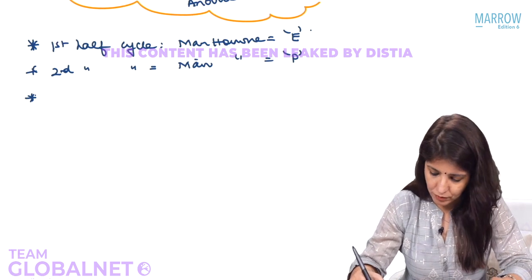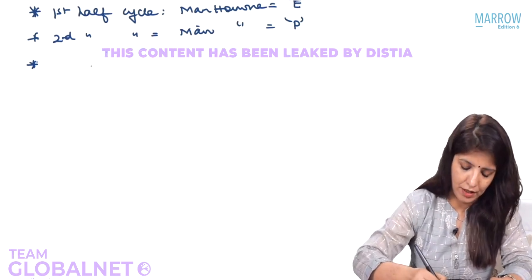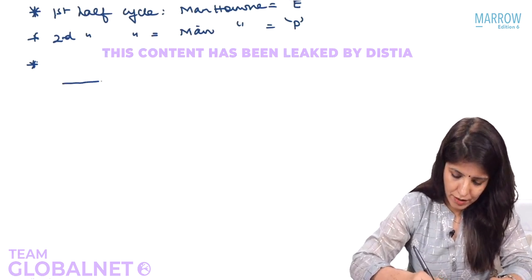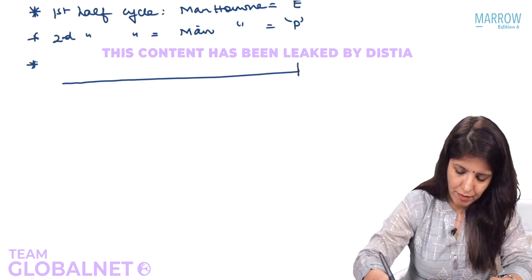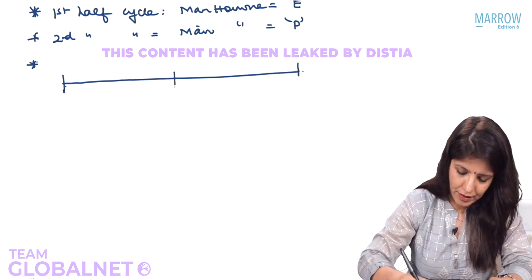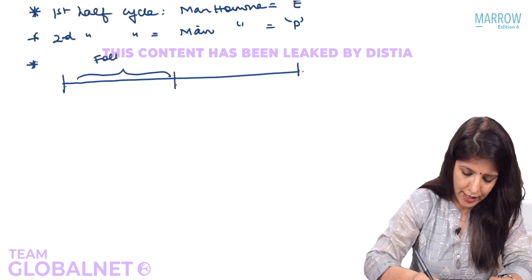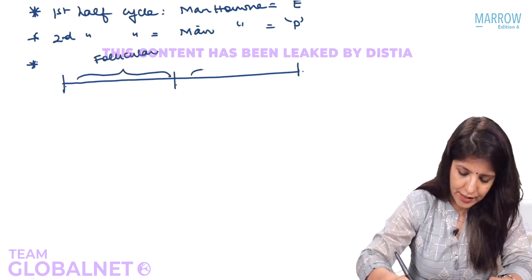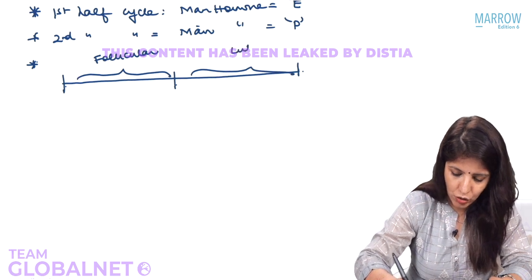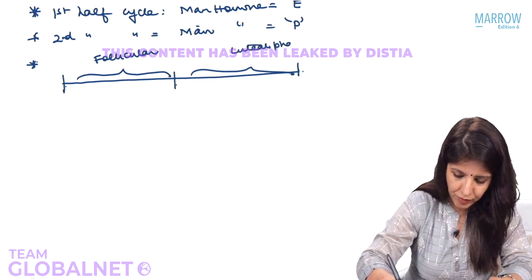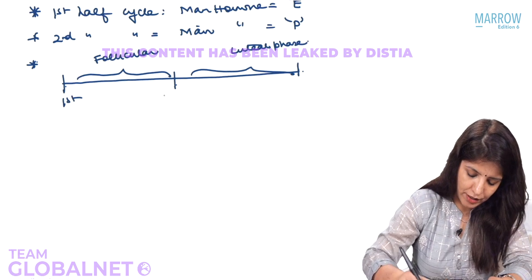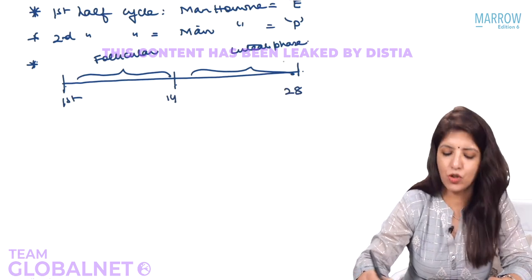Now, in a menstrual cycle, as I told you, the first half is called the follicular phase, the second half is called the luteal phase. This is day 1, day 14, day 28.